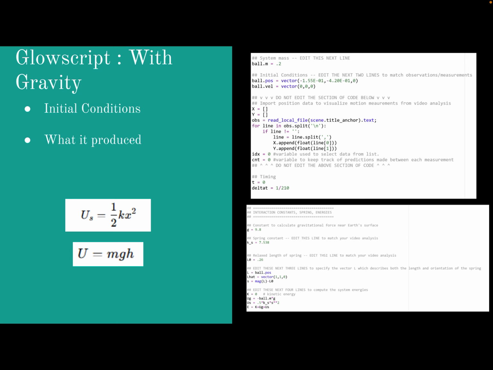And then we gave the change in length of the spring. And then we found the initial energy of our weight when we released it. As you can see, the formulas we used are on the left. And the kinetic energy was 0 because when we released it, the velocity of the object was 0.